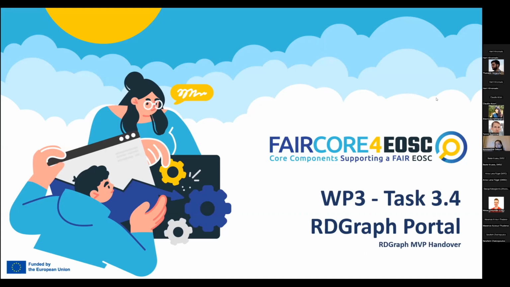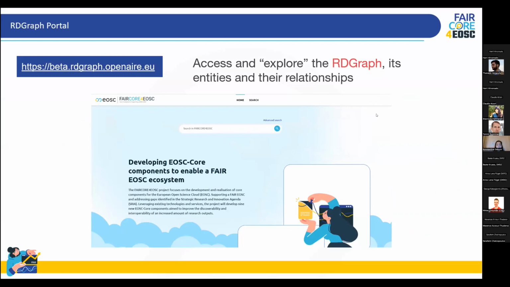Thank you. Okay, so hello, I am Konstantina Galouni. I'm going to present the RDGraph portal as it is now. It is already set up as a beta instance at beta.rdgraph.openair.eu. It is built on top of the RDGraph, and it is an easy access point to the entities and the relationships of the RDGraph.